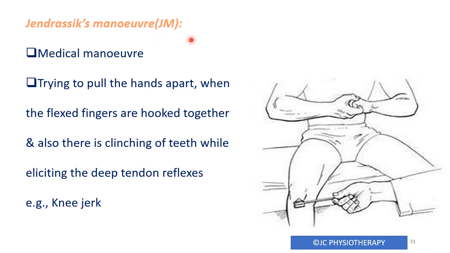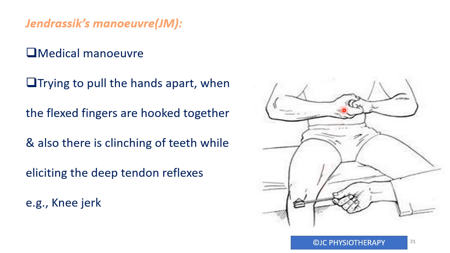What you do in this is, the patient tries to pull the hands apart when the flexed fingers are hooked together, along with clenching of the teeth, while you are eliciting the deep tendon reflex. I again repeat, the patient tries to pull the hands apart when the flexed fingers are hooked together, and also there is clenching of teeth, and meanwhile you are eliciting the reflex.